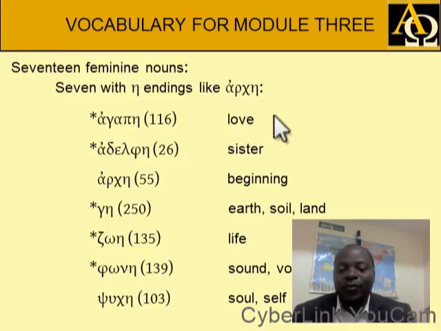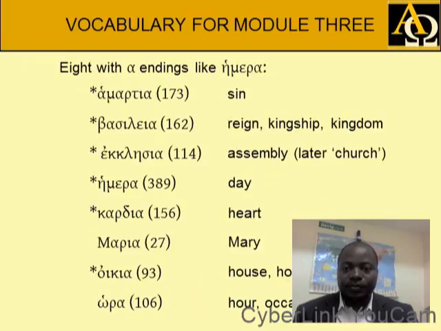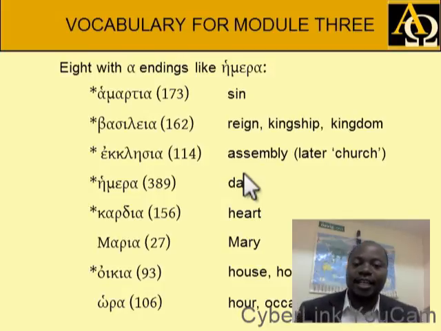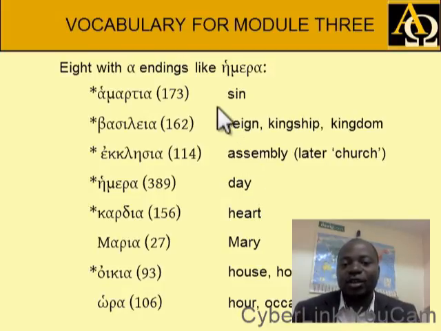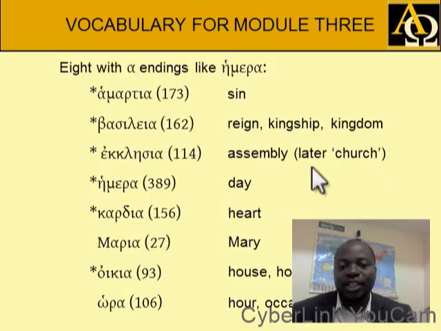Agape means love, adelphe, sister, arche, beginning, ge, earth, soil, land, zoe, life, that's where you get the word zoology, phone, sound or voice, so you get the word phonetics, suke, soul or self, hamatia, sin, that's where you get the word hamartiology, the study of sin. Basileia is kingdom, kingship or reign. Ecclesia is the assembly, or later on it's the church.